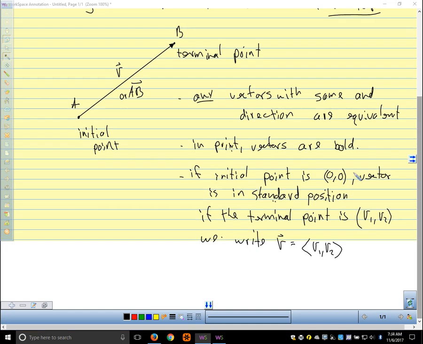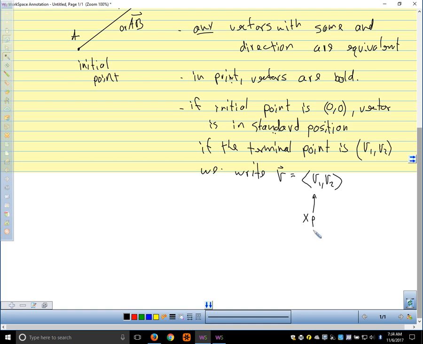We call v1 and v2 the components of the vector. v1 is the x component, and v2 is the y component. If we have more than two components, we use x, y, z, or you could just say the first, second, third, fourth, nth component. And we call this form component form. And that's the form that we'll use mostly.